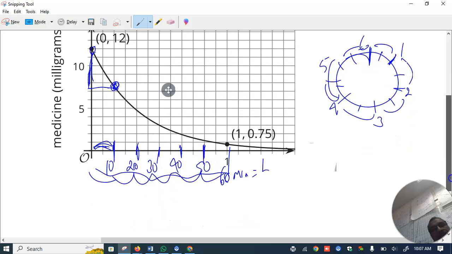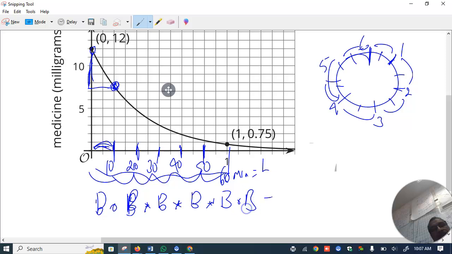So we want to know what is that B which multiplied by itself 6 times. So let's see, we don't know. Let's imagine I'll put it like a capital B, uppercase B, and we want to know this.